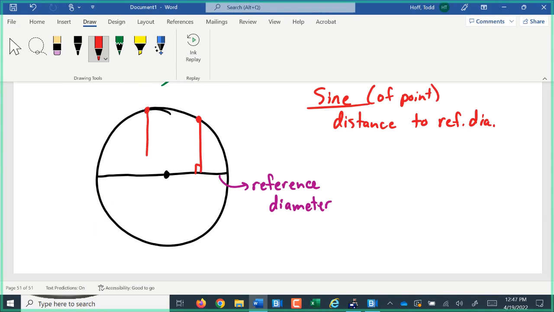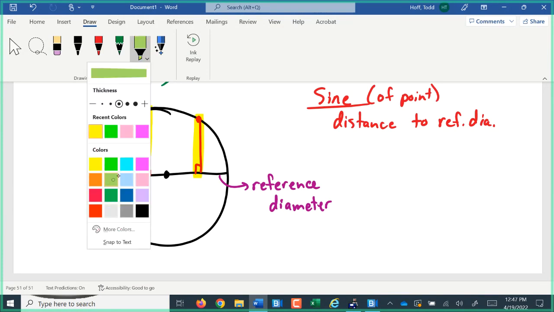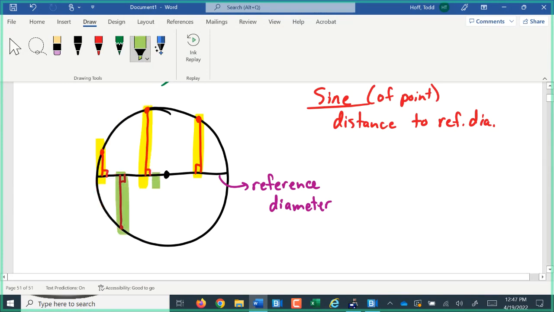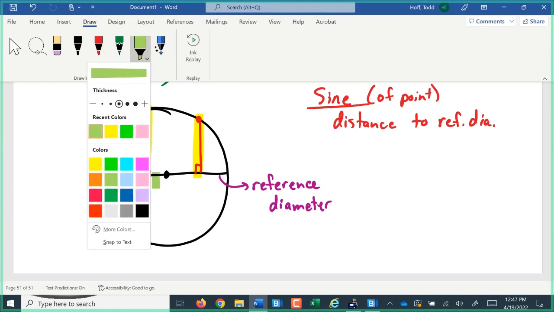So this point has a sine. This point has a sine. This point has a sine that goes that way. These three are said to have positive signs because they're above the reference diameter. This one is said to have a negative sign because it's below the reference diameter.